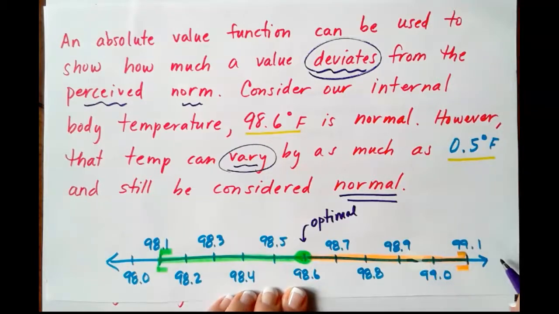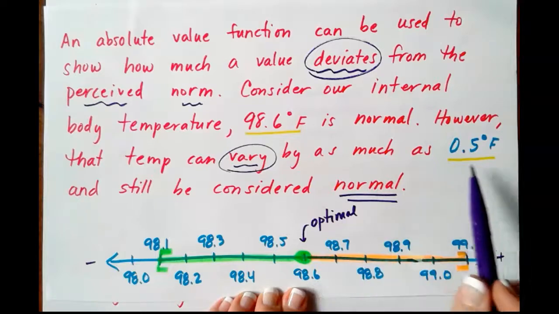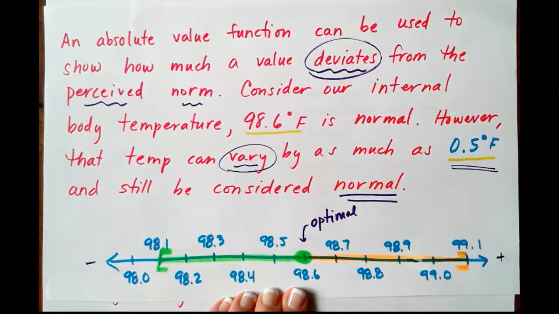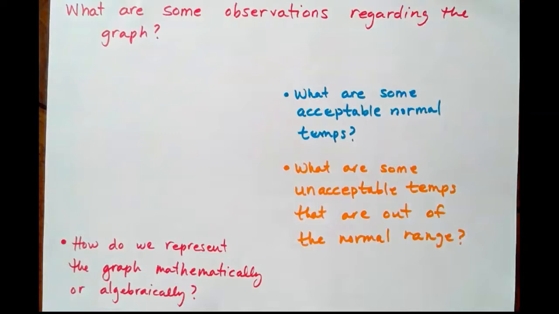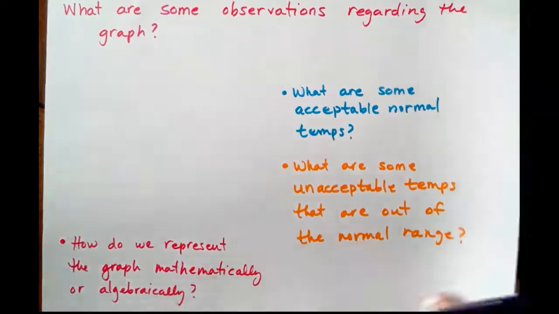Remember, everything on the number line to the right is getting bigger. Everything on the number line to the left is getting smaller. So, if 98.6 is perfect, but we can vary or deviate by up to 0.5 degrees, we can still be considered normal. So, let's think about that a little bit more, and let's look at some questions here.